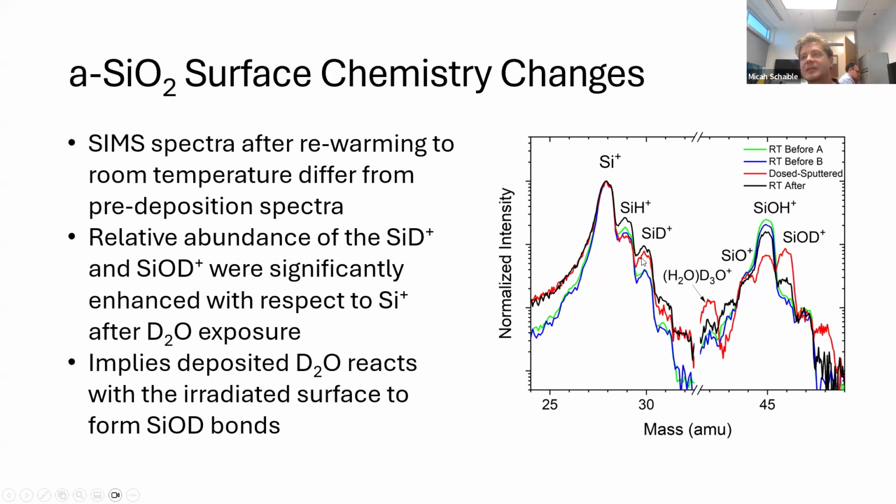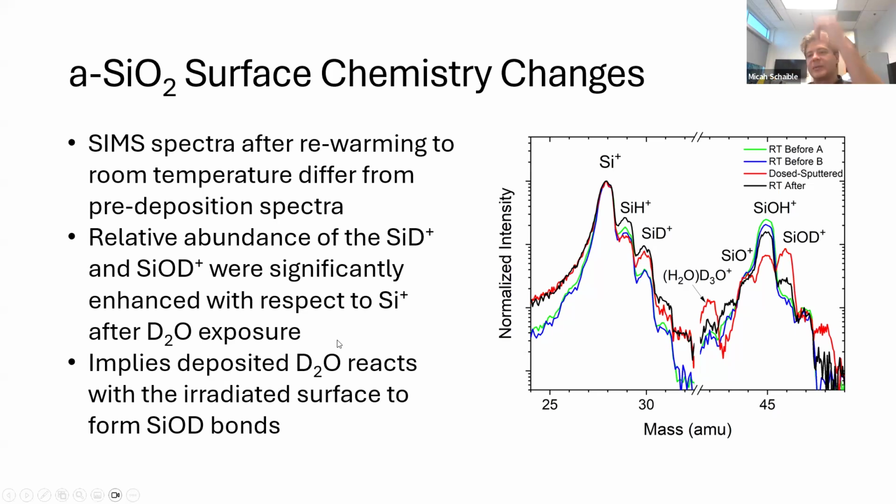So what this is telling us is that for the exposure of our sample to the deuterium, we form permanent SiD bonds or SiOD bonds in that substrate that persist even after rewarming the sample to room temperature. And so there is a dissociative reaction between the D2O and the irradiated surface to form these SiOD bonds.